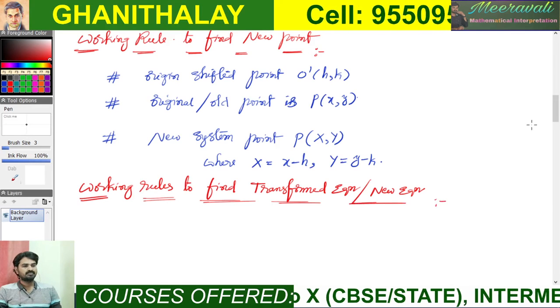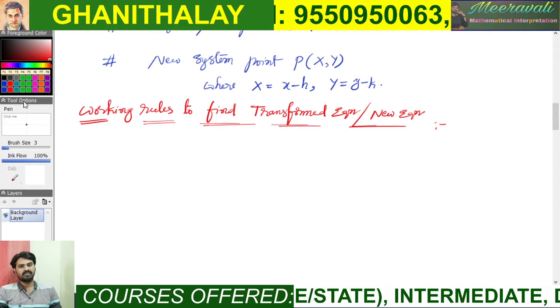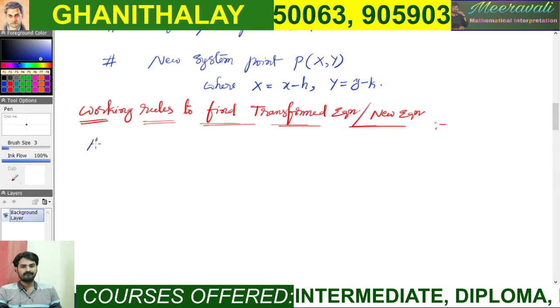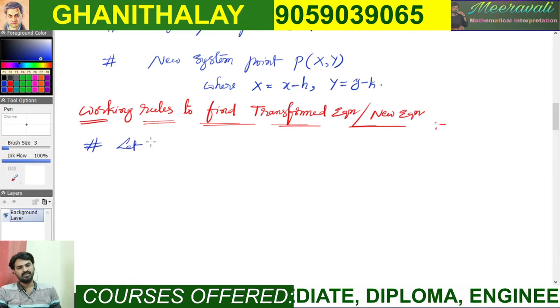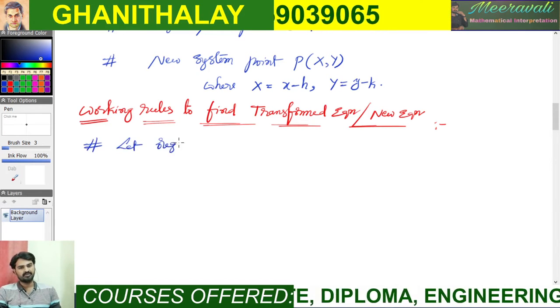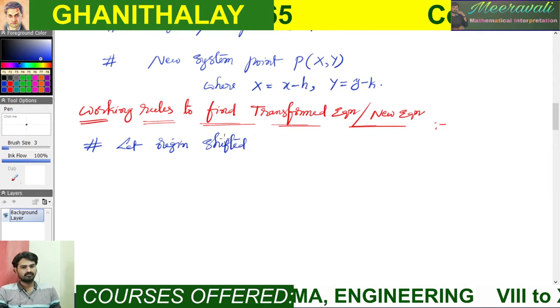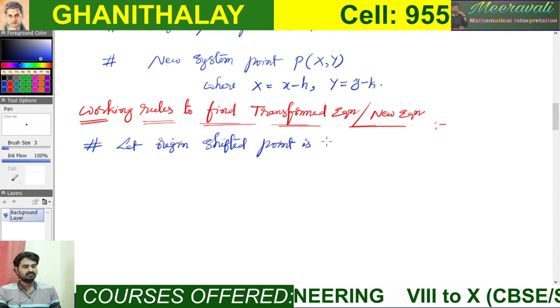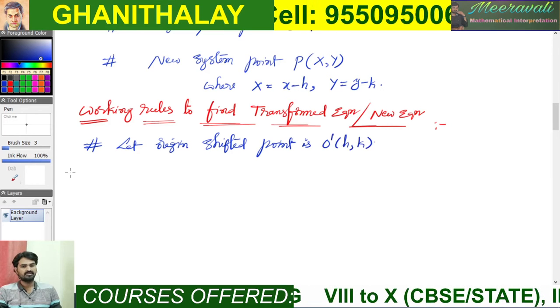Okay, so first of all, to find the transformed equation, in the problem the origin shifted point will be given. So first you need to take the origin shifted point. Let shifted point be O dash, that is h comma k. You can take this one first.